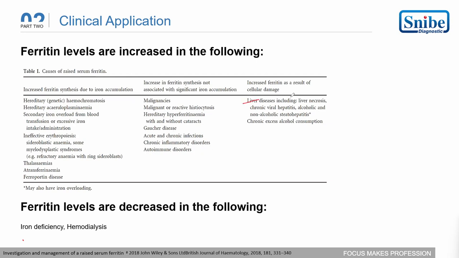The liver diseases include liver necrosis, chronic viral hepatitis, alcoholic and non-alcoholic steatosis, and chronic excess alcohol consumption. Ferritin levels are decreased in iron deficiency and hemodialysis situations. So these are the clinical utilizations of ferritin level increase and decrease in different conditions, especially anemia, hemodialysis or iron deficiency cases.